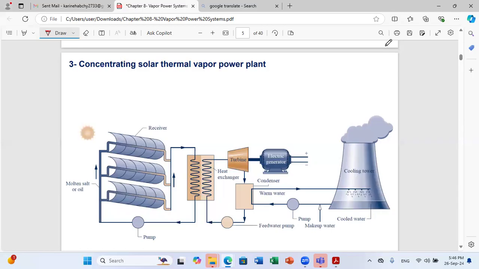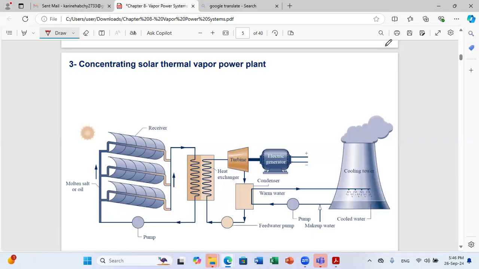Sometimes, because fossil fuel or nuclear reactors are more energy intensive, we can use combined cycles. So you have a cycle working at an upper range of temperatures, and the heat loss from this cycle can be used as a backup for another cycle working on solar energy, for example.